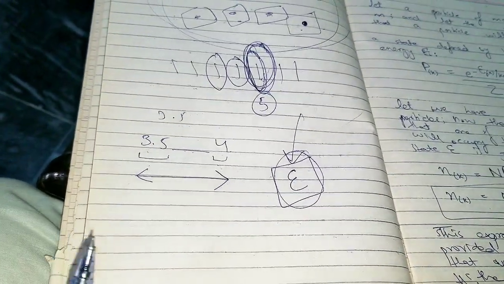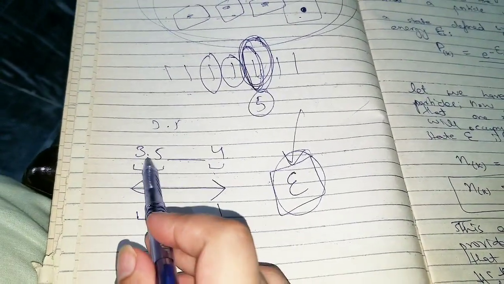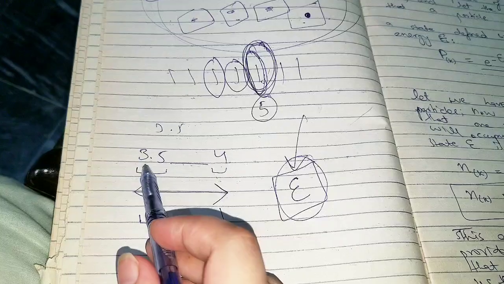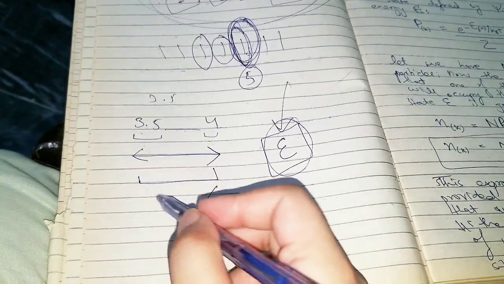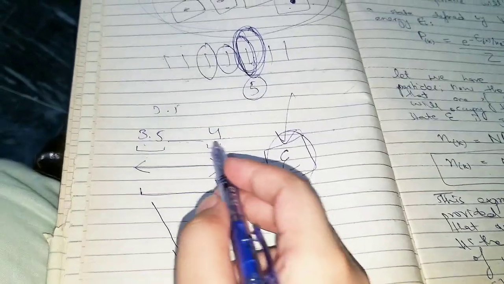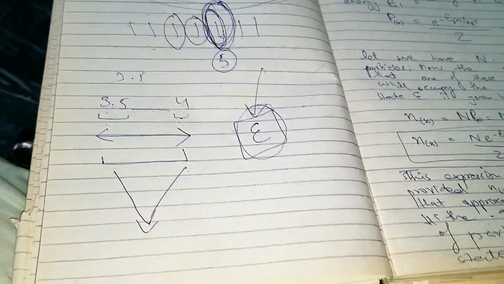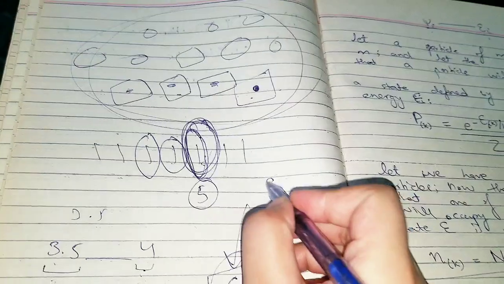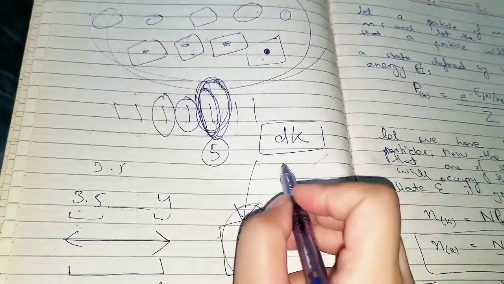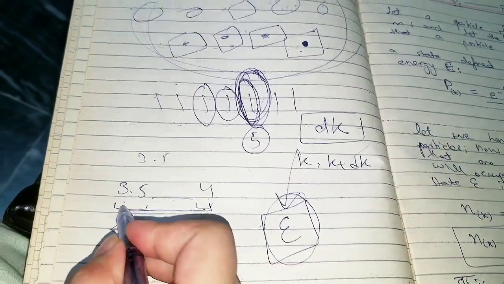It's as if we are purchasing some clothes. Consider a range of $3.5 to $4, and we want to find out how many clothes in a store lie in this price range. This is an analogy. So here we want to find the average number of particles that lie in the interval. That interval can be written as k and k plus dk, and if you subtract both of these values you will get the interval value.